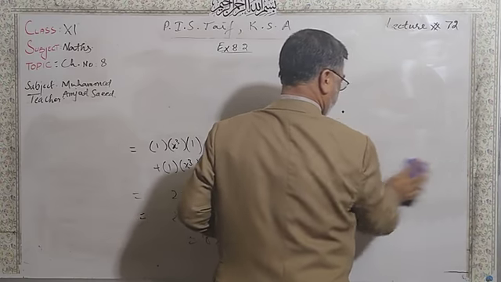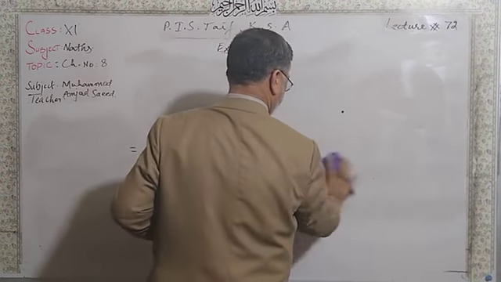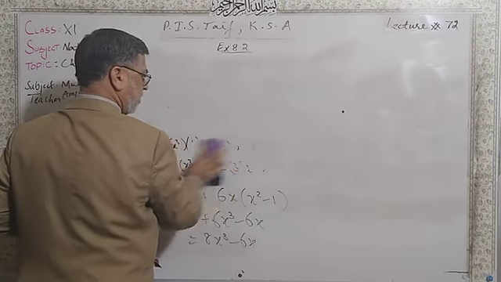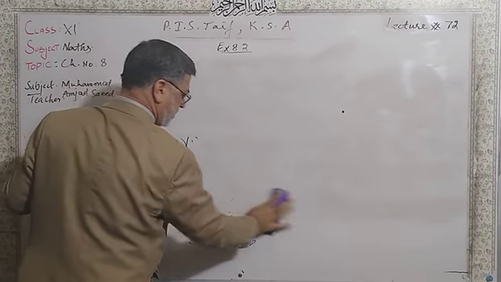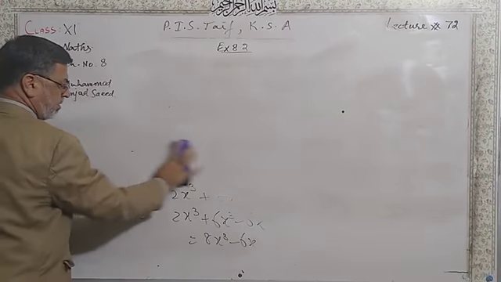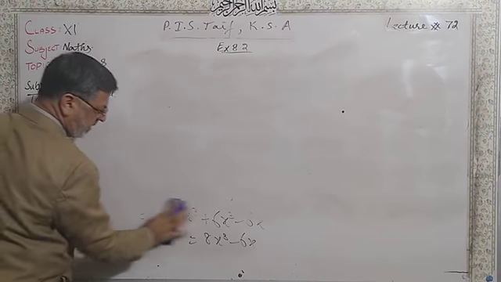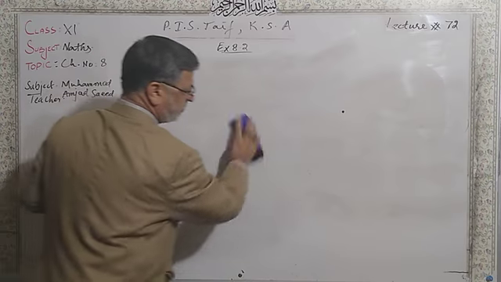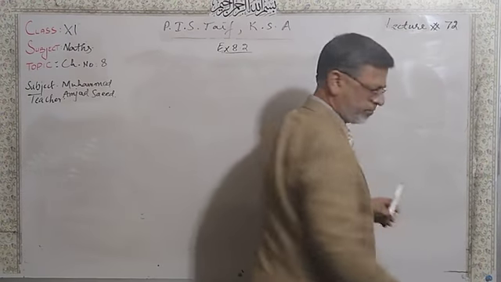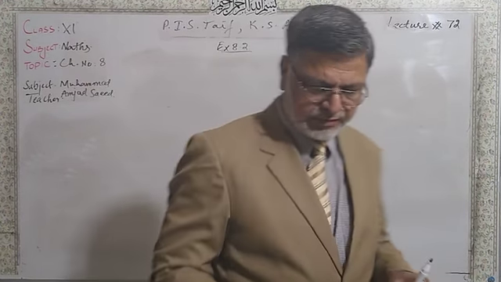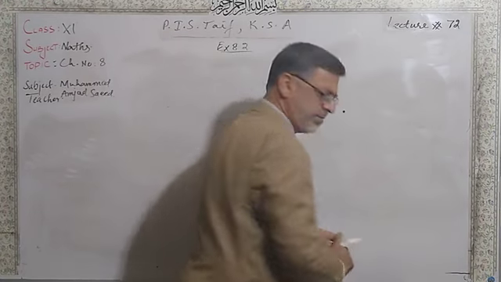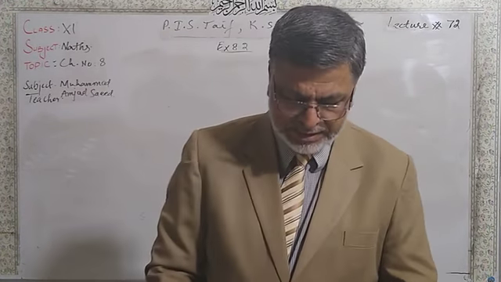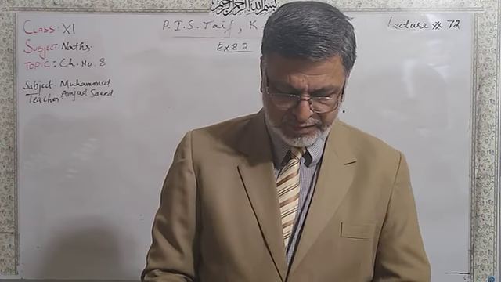So I am going to choose one question from 4 and 5. They are exactly same, and we have to apply the quadratic formula here. Question number 4 and 5.